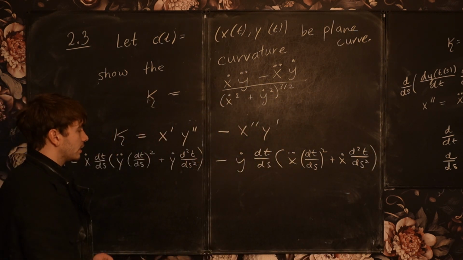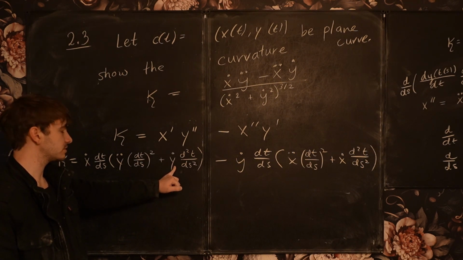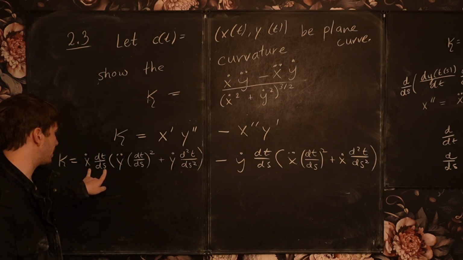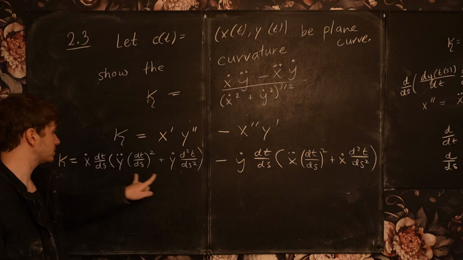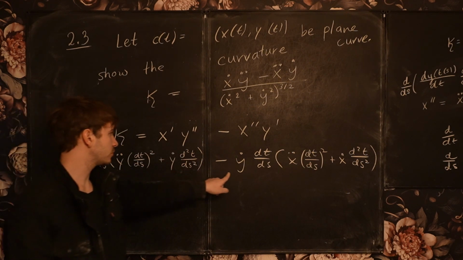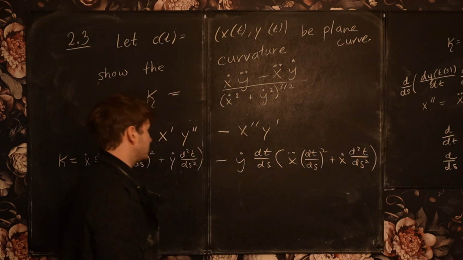Wonderful. And now if we look at the terms which are the single dot terms, I have an x dot dt over ds y dot d squared t over ds squared, minus a y dot dt over ds x dot d squared t over ds squared.